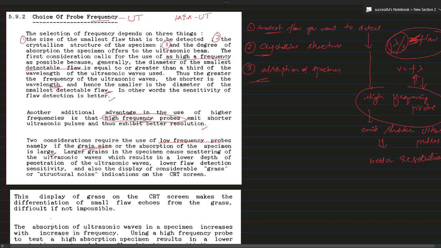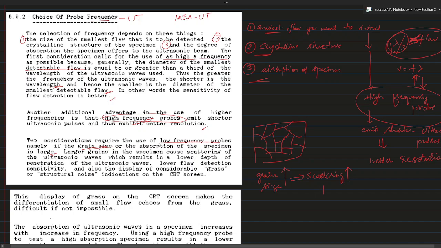Larger grain size in a specimen causes scattering of the ultrasonic waves. If the grain size is large, scattering increases, which results in a lower depth of penetration of the ultrasonic waves.